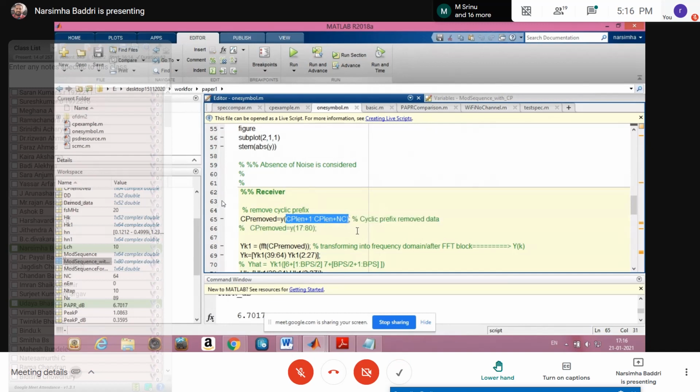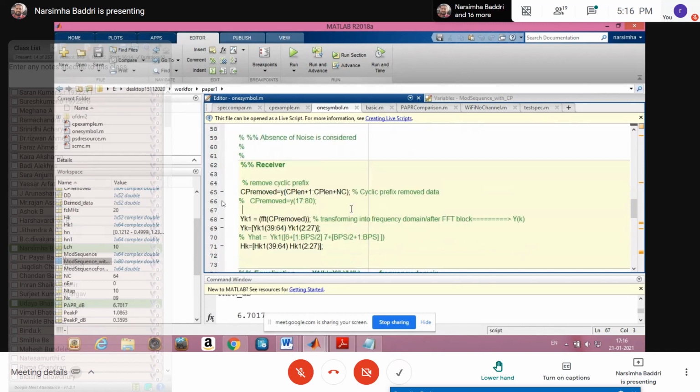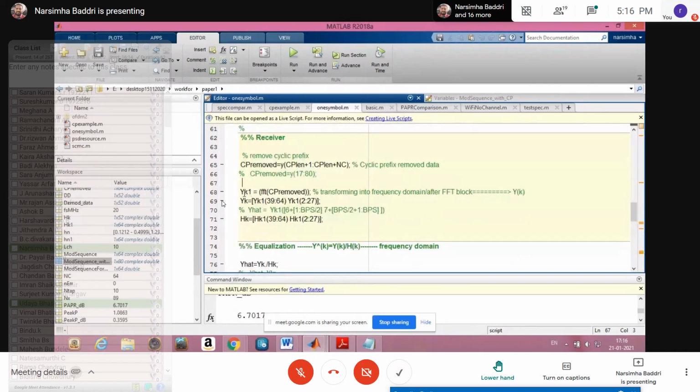If there are 10 paths, 10 delays, the signal will have 89 samples. After receiving this, we remove the cyclic prefix data.